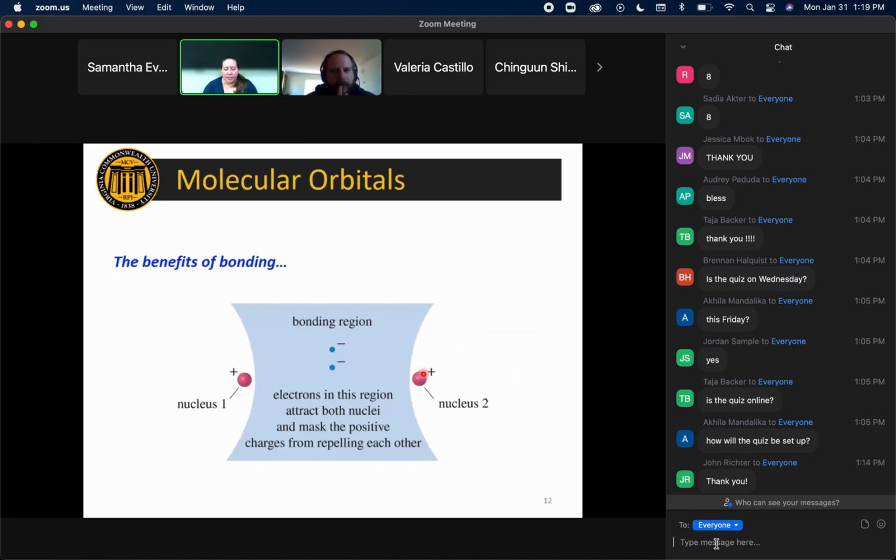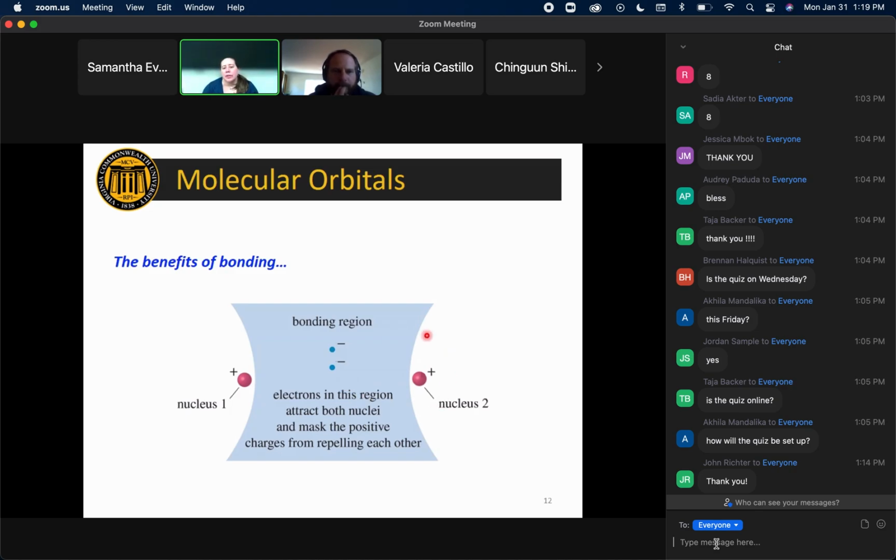So what's one way we can mitigate that repulsion? It's to let our electrons reside in the area between the two nuclei. Having electron density between those two nuclei, forming that bond, is beneficial because it brings stability by mitigating those positive charges repelling each other.